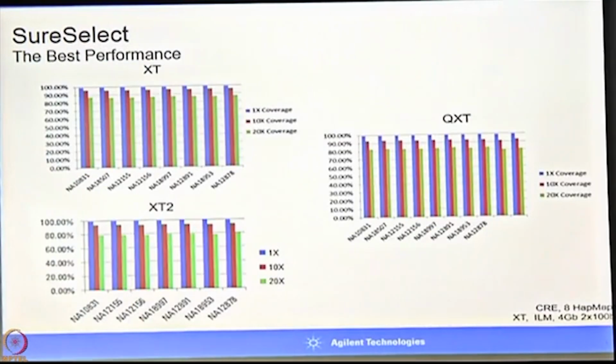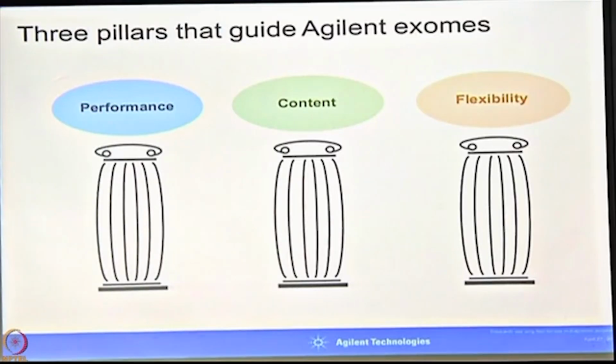Okay, the performance of all these methods to make the exome library is pretty good, and they get very good coverage, more than 95% coverage with all the methods. These are the 3 pillars Agilent works on: performance of the exome library, content, and flexibility. We have worked for decades to improve the performance, content, and flexibility of the kits.